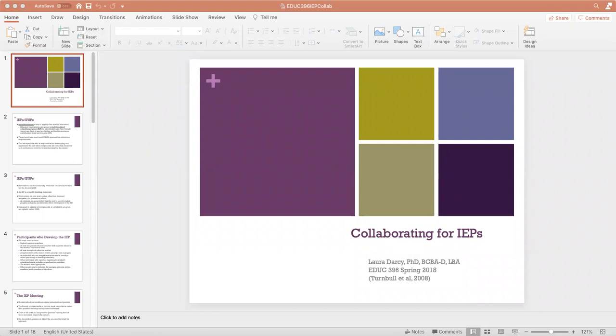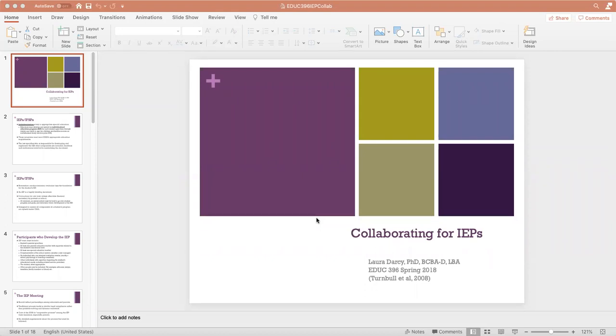There are going to be some gaps, I think, in the overall context of what we're talking about today, as you haven't gotten the legal background of the IEP, and I'm not going to go over that at this point.